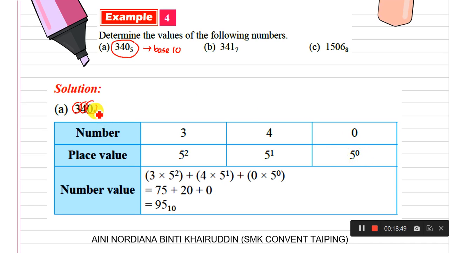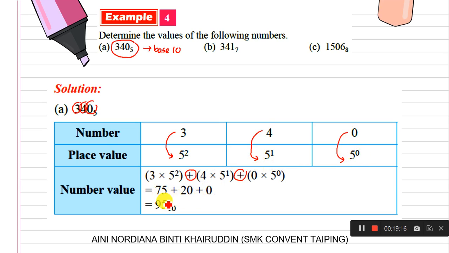So since this is base 5, so 5 to the power of 0, 5 to the power of 1, 5 square. Number value, so this is actually 3 times 5 square plus 4 times 5 to the power of 1 plus 0 times 5 to the power of 0.